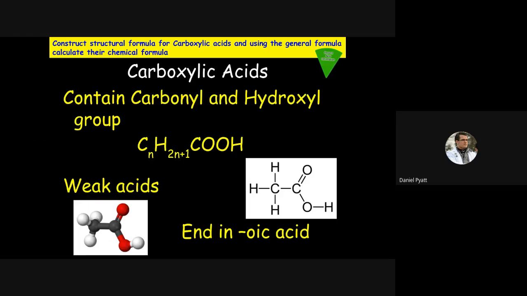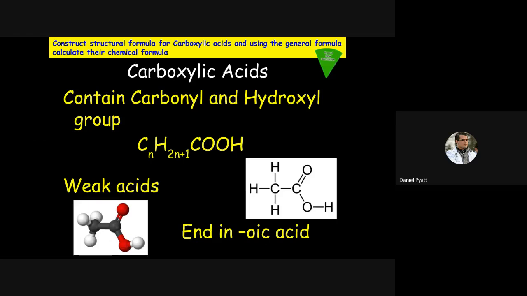Alkanes had a general formula CnH2n+2, and alkenes had a general formula of CnH2n. We talked about the fact that alkanes are saturated molecules because they contain the maximum number of hydrogens, because they only contain single covalent bonds, whereas alkenes contain a double bond and therefore are unsaturated.